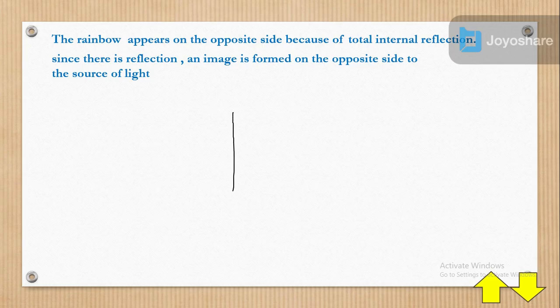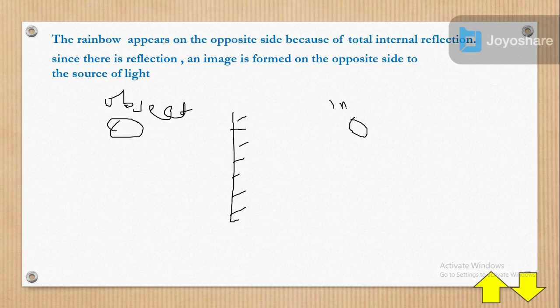So here what we mean is, one would still ask, why do we form the rainbow? Imagine if you have a plane mirror like this. This is our plane mirror. Of course we know that reflections take place here. So if you have an object here like this, the image will be formed this side. So this here is our object, and this one is our image.